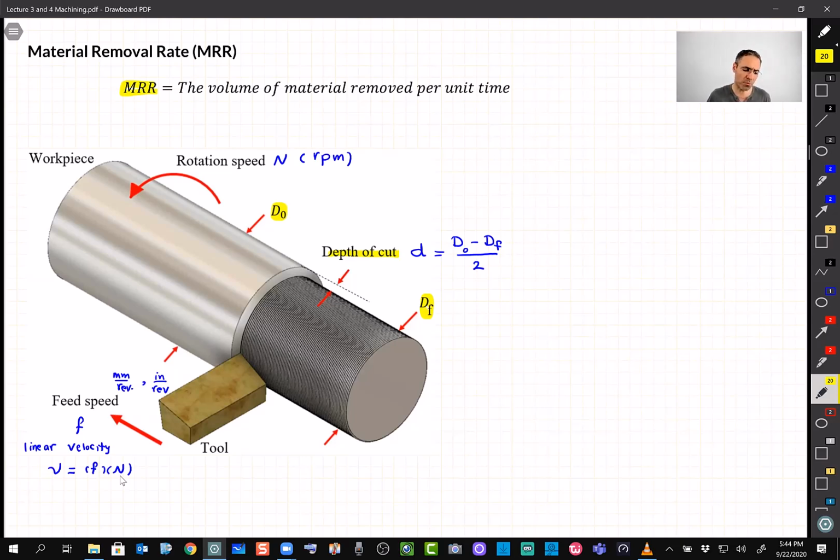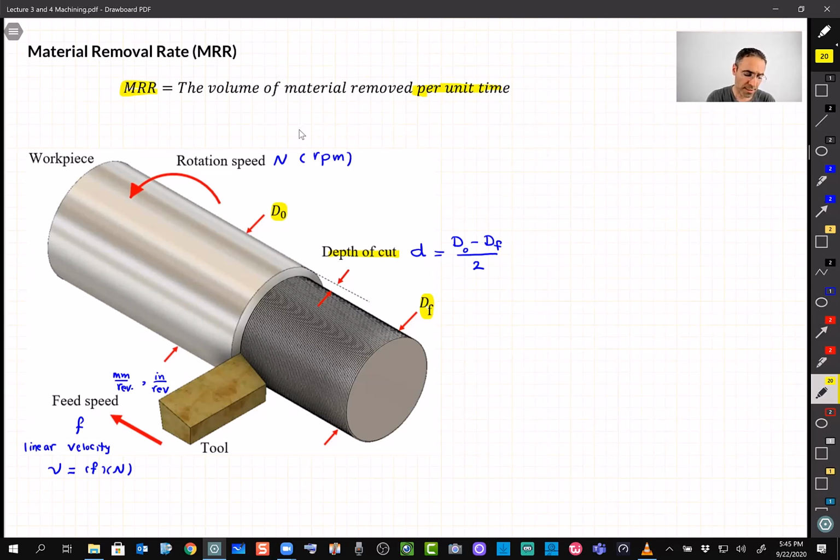In simple words, the MRR is the amount, or the volume, of material that has been removed in 1 second or 1 minute or whatever unit of time we decide. So it's not per revolution. It is the amount of material being removed per unit time, all right?